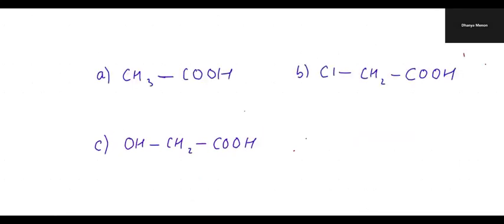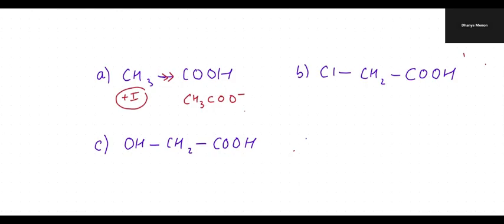Now, if you see here, there is plus I effect group, right? So CH3 COO minus. So this is a plus I group, right? So plus I group means it is less acidic, right? Now let's see the other options.